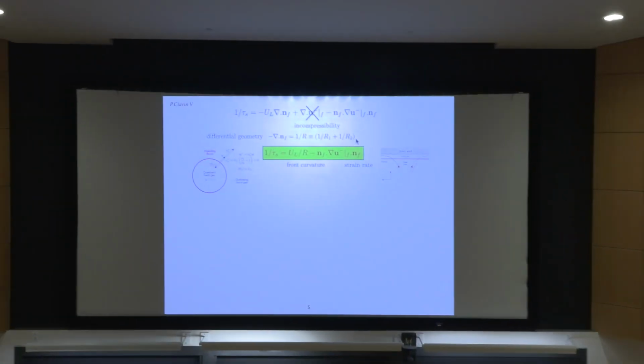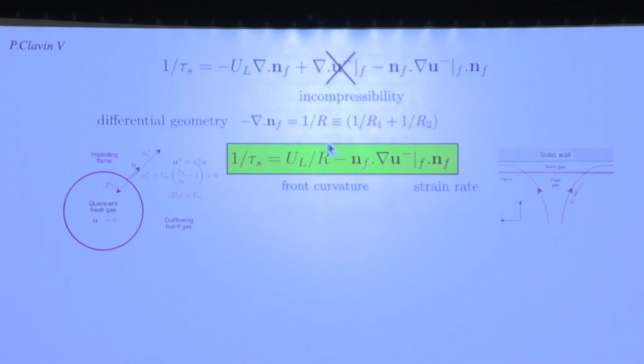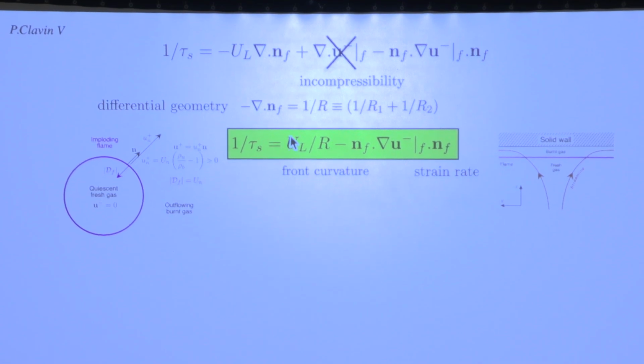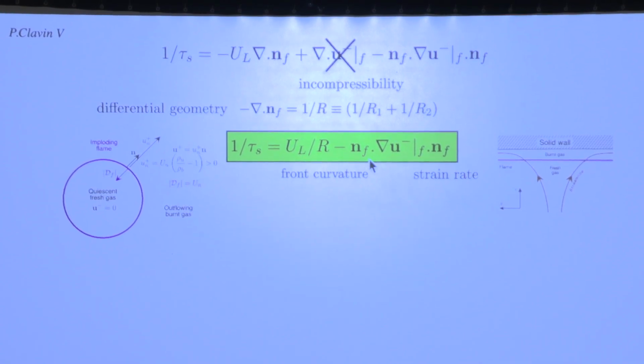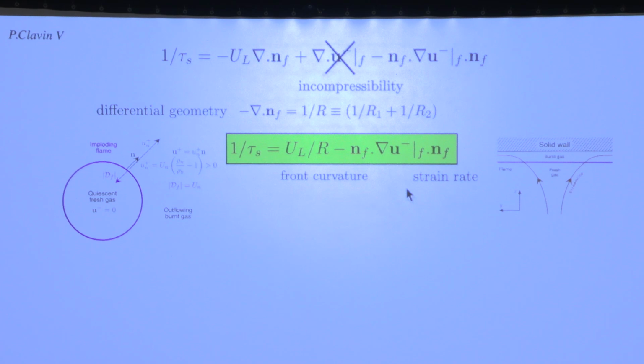So now you have two terms. You have one term which is associated to the radius, and one term which is associated to the strain rate, which is related to the gradient in all the directions of the flow. N is a normal. Don't forget that N is a normal. Now, you have two interesting limits.